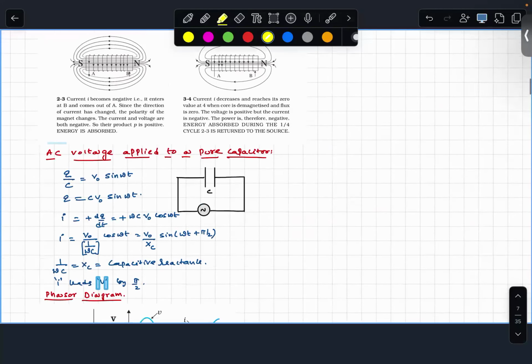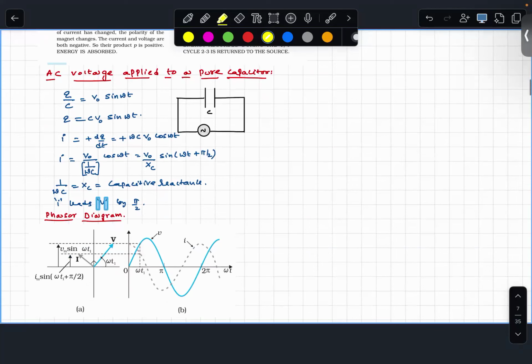Right. Now AC applied to a pure capacitor. Same, at an instant, I am assuming that the charge here is plus Q, minus Q, and this is your source.